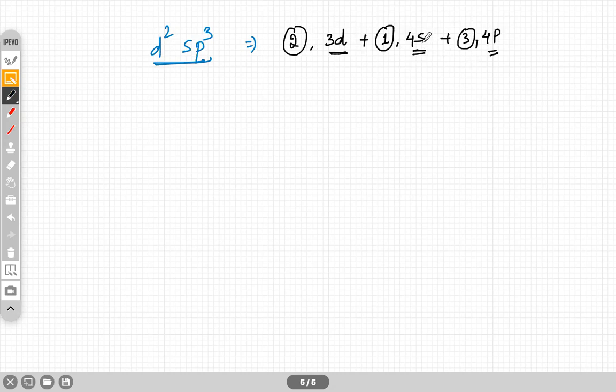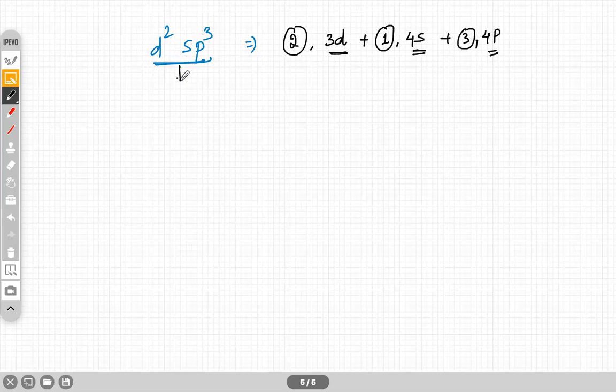So here we have 4s, 4p orbitals, and along with this we have two inner shell orbitals. 3d orbital is there, 4d is not there. So inner shell orbitals are present when you write d2sp3. The d2sp3 hybrid orbital forms when 3d combines with 4s and 4p.